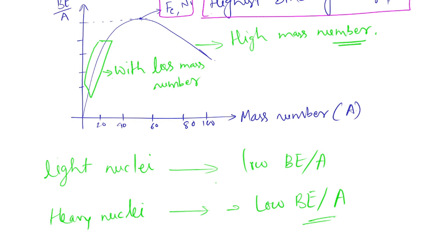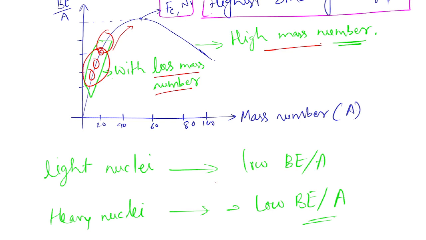Same thing happens with these very high mass number nuclei and low mass number nuclei. They want to achieve this stability. So the low mass number nuclei which are here, they have one option. They can join the other low mass number nuclei so that they can shift towards the peak.